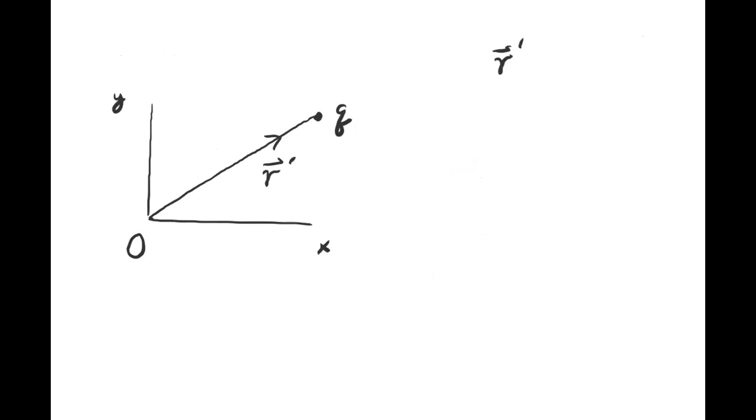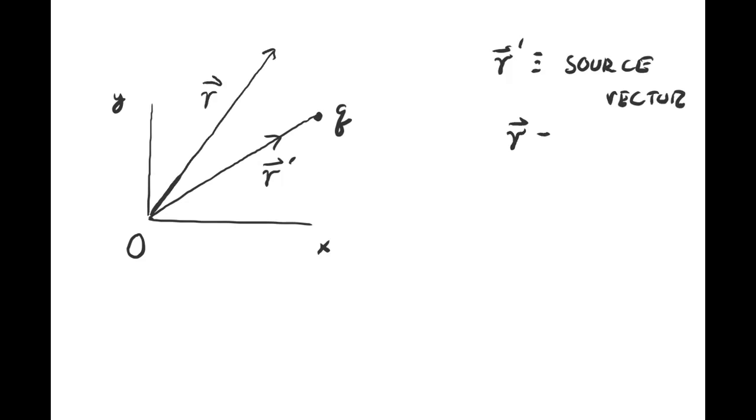R prime is something which we'll call a source vector. It tells you where the charge is. And now the question you want to ask is, what is the electric field at R? And so we're going to call R the field vector, because it tells us where the field is that you want to calculate, namely the electric field.